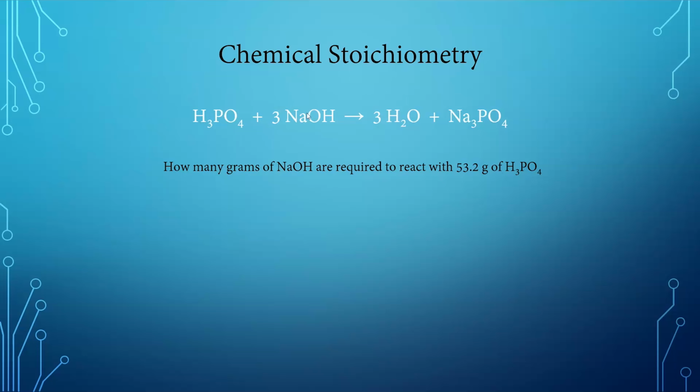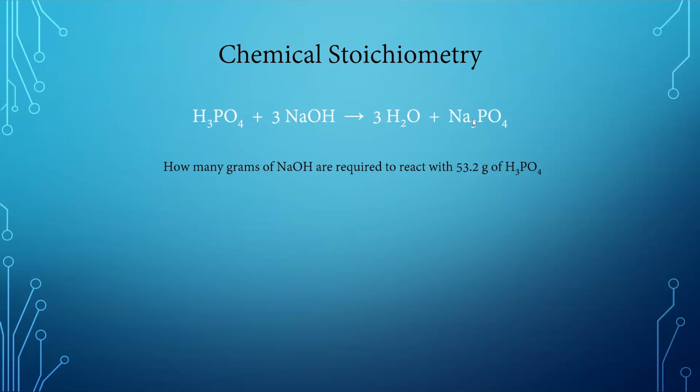The phosphoric acid and the sodium hydroxide in the equation are not in grams, they're in moles. What this tells us is you need 3 moles of sodium hydroxide for every 1 mole of phosphoric acid. There's nothing in this equation about grams. But that's no problem. All we have to do is change our grams of the substance into moles, and then we can plug it into the equation.